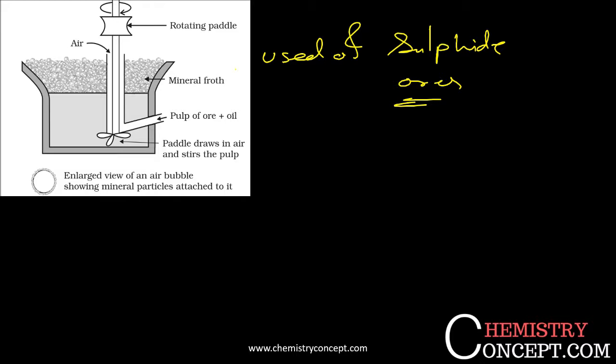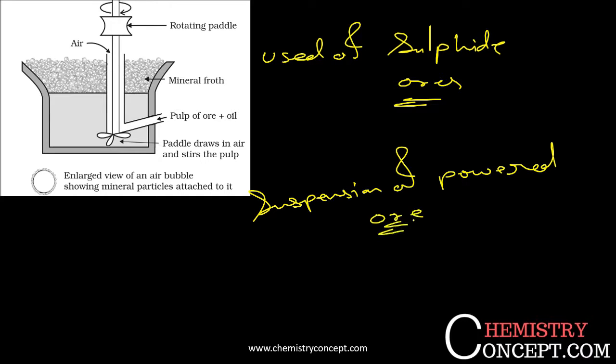In this method, we take the suspension of powdered ore in the water, and to it we add some froth stabilizers and collectors like pine oil, fatty acid. We add collectors to have non-wettability of the minerals, and we know this we use oil.